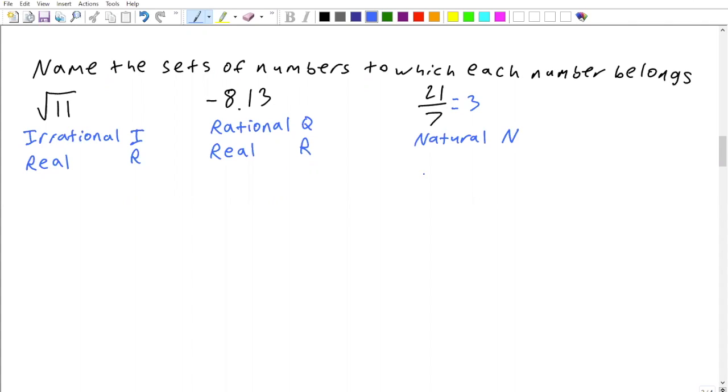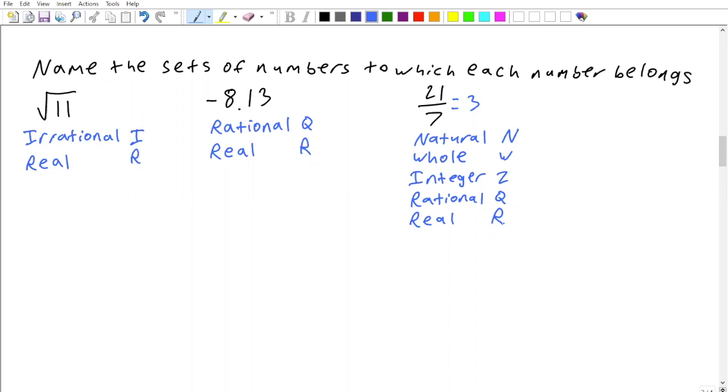Okay? Well, if it's natural, it's also whole, W. It's also an integer, Z. And it's also rational, Q. And it's also real, R. Again, you don't have to write all these out.